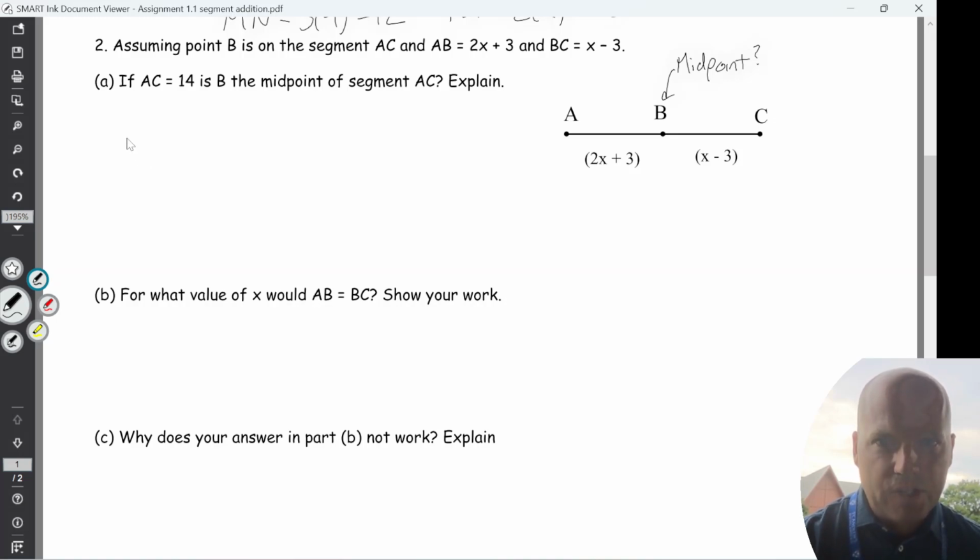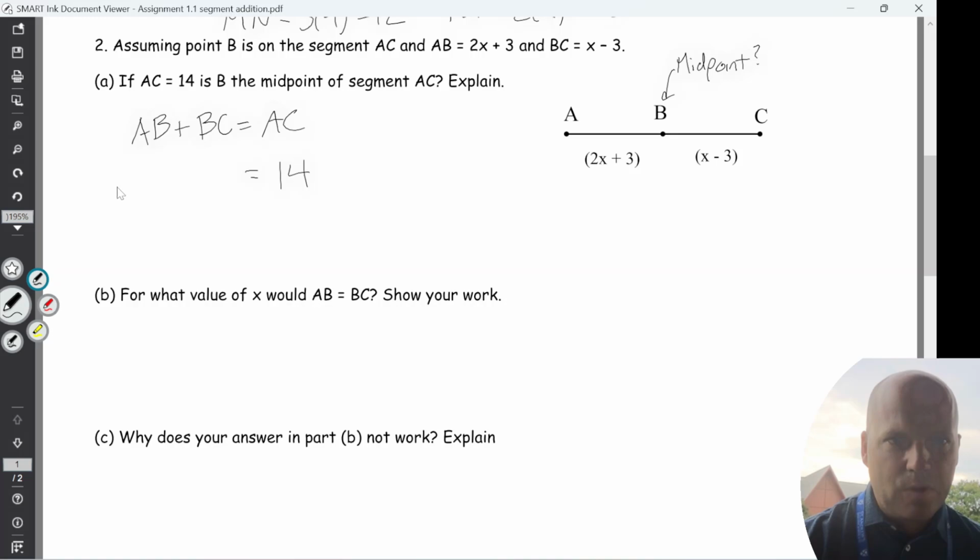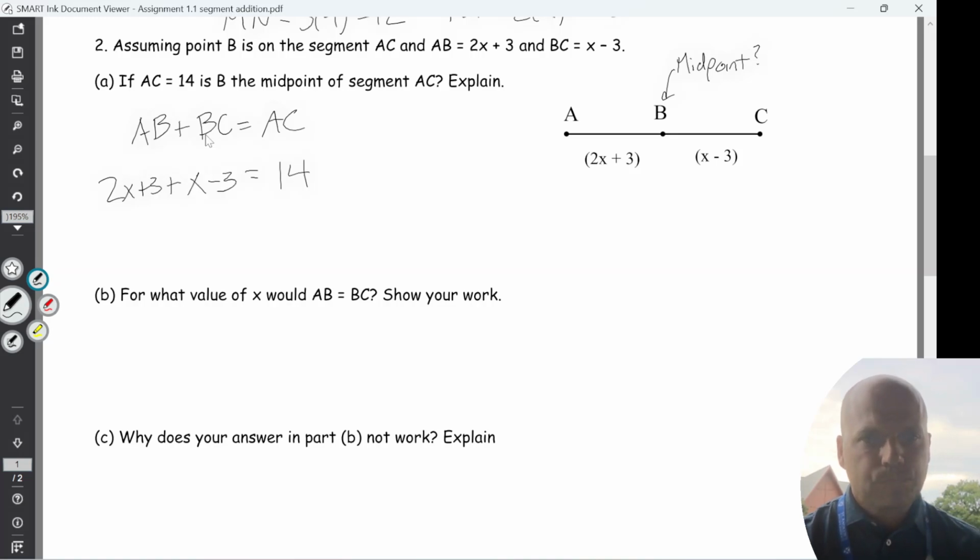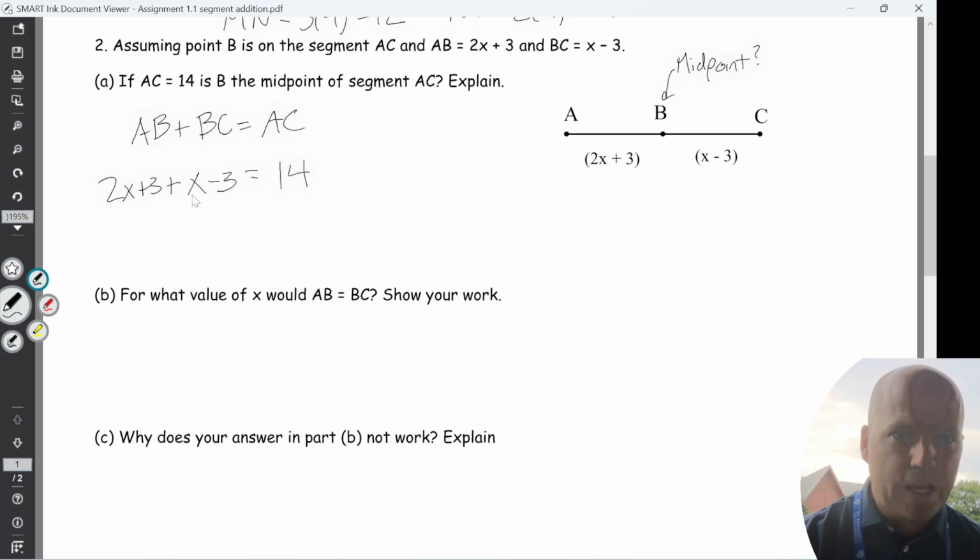So we have another setup where the segment AB plus the segment BC has to equal the overall segment AC. And then we can replace. AC is 14. AB, we are told, is 2 times a number plus 3. BC is a number minus 3. We can then use algebra to reveal the missing number.